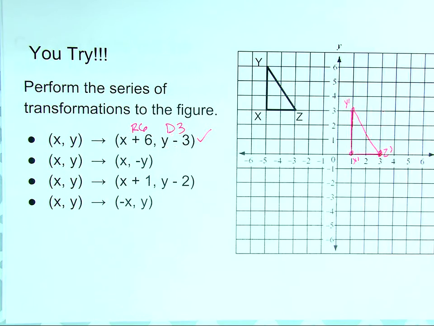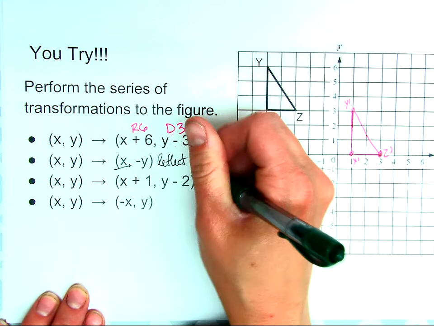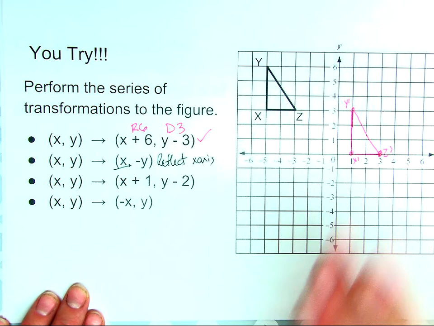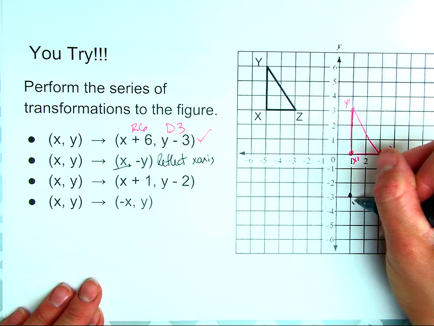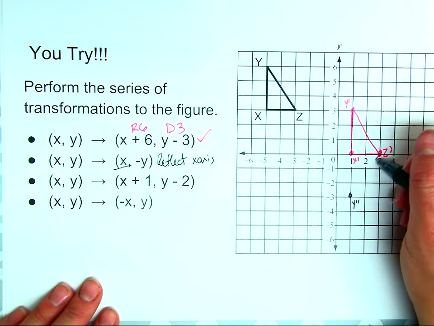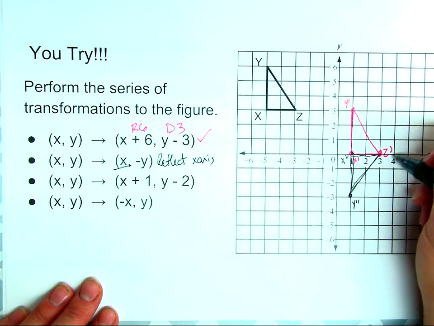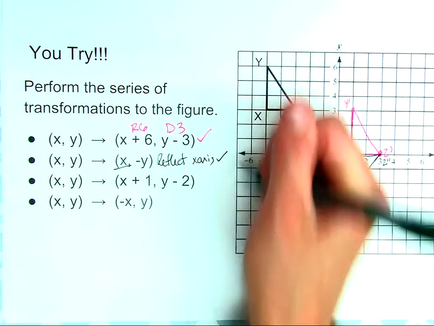Then this is a reflection rule. X stays the same, which means it's a reflection over the x-axis. So I got to flip this down. Really, the only point we have to reflect here is the Y, because these two are already on my x-axis. So X double prime, Z double prime. So that one's done.